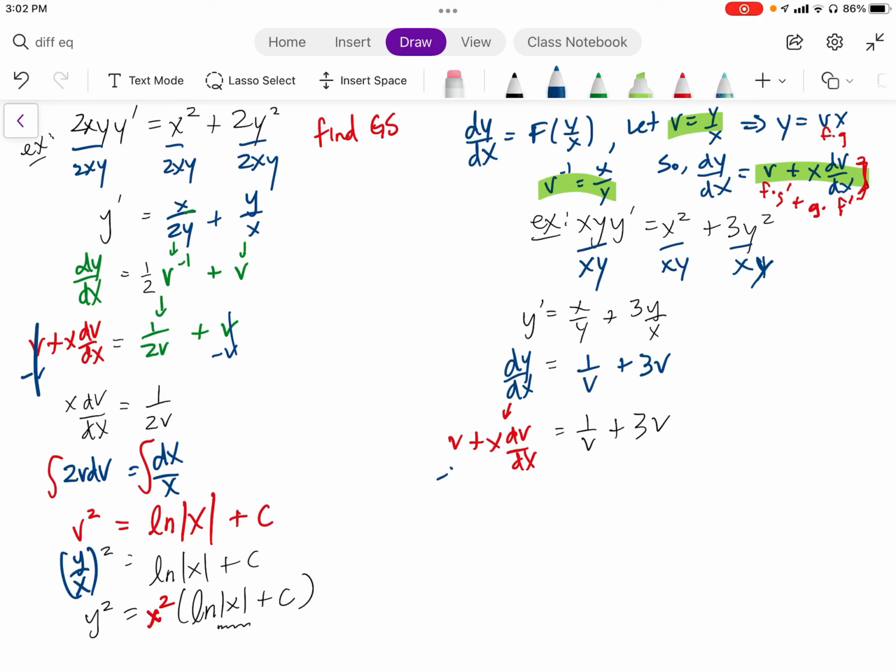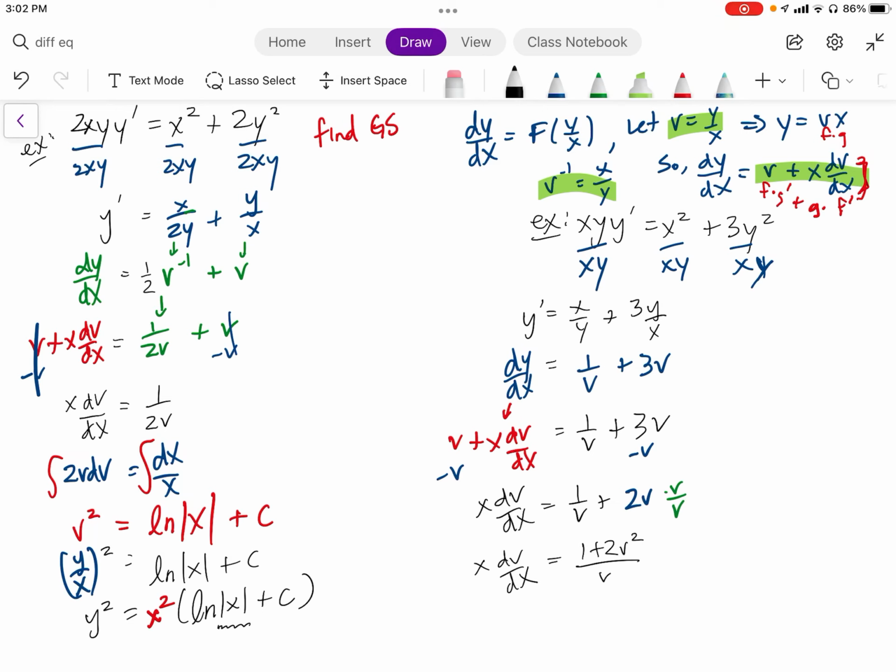All right, so subtract the v. x dv dx equals 1 over v plus 2v. So therefore I need to multiply by v over v. Okay, and now we have (1 plus 2v squared) over v equals x dv dx.